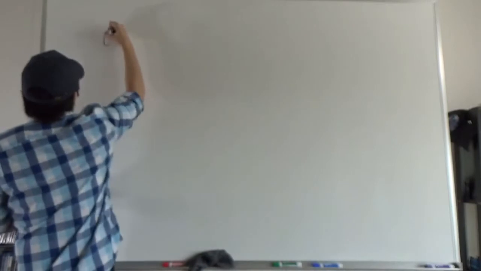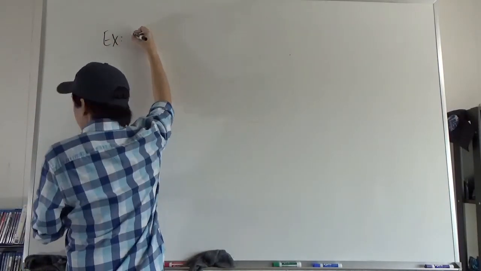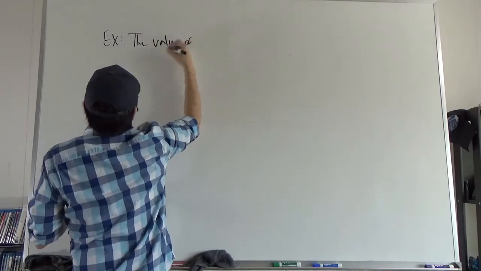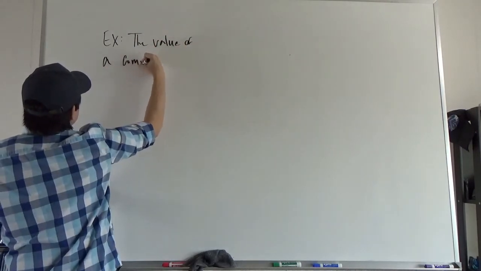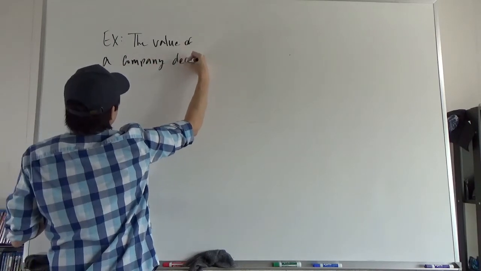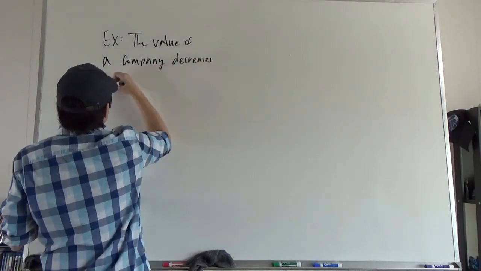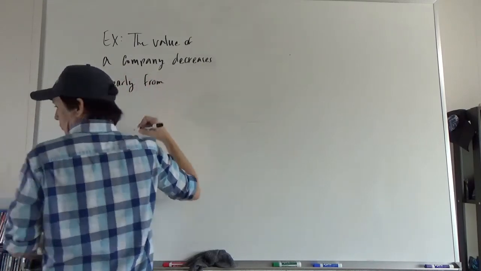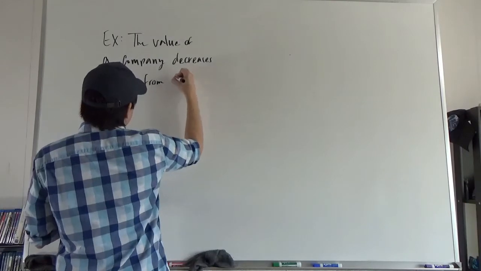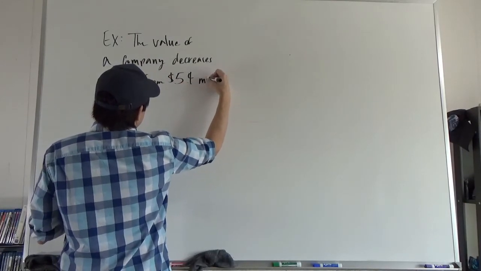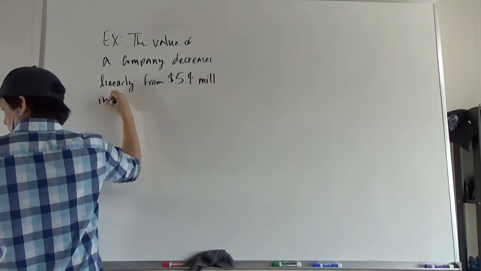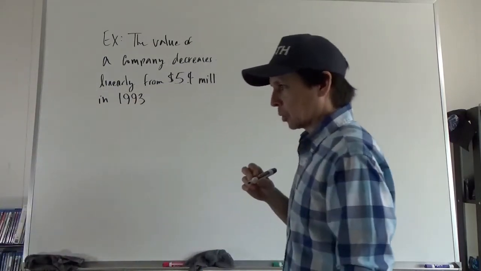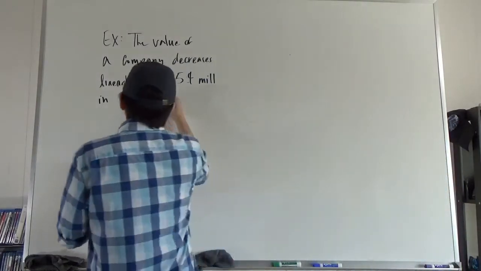Okay, last example. The value of a company decreases linearly from $5.4 million in 1993. This should look familiar because it's the same thing we did back when we were doing linear models. It is a linear model.